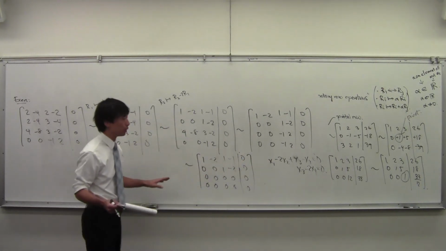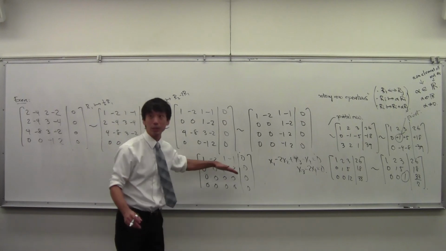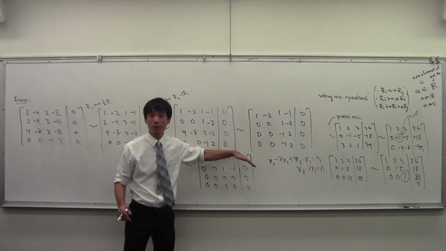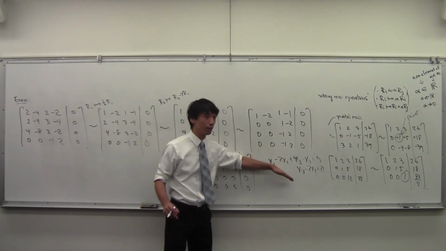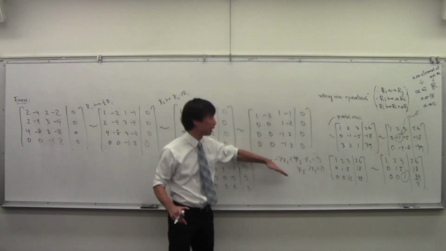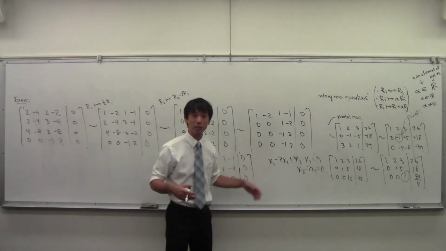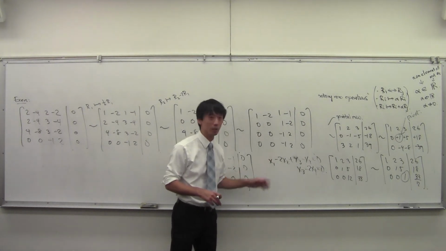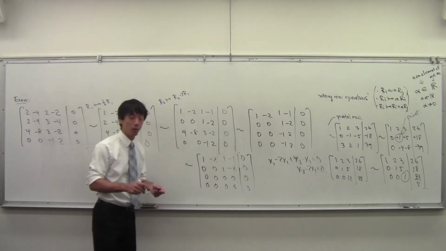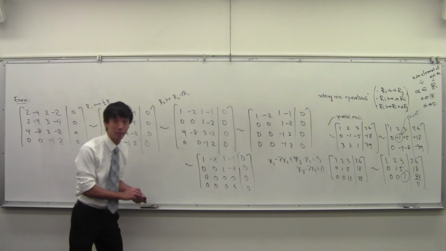Like I said, sometimes you don't end up with a triangular form. In this case, and we'll talk about this next time, you end up with a system with infinitely many solutions. We'll talk about how to deal with it next time. So that's it for today.